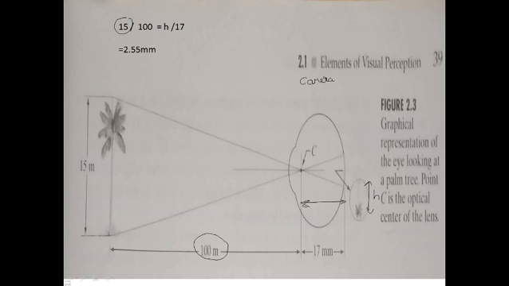So h divided by 17 mm is the fixed relation, and that gives you the value of h, which is 2.55 mm. The height of the inverted image formed on the retina will be around 2.5 mm. This is how the image is formed in the eye. Clear with this?